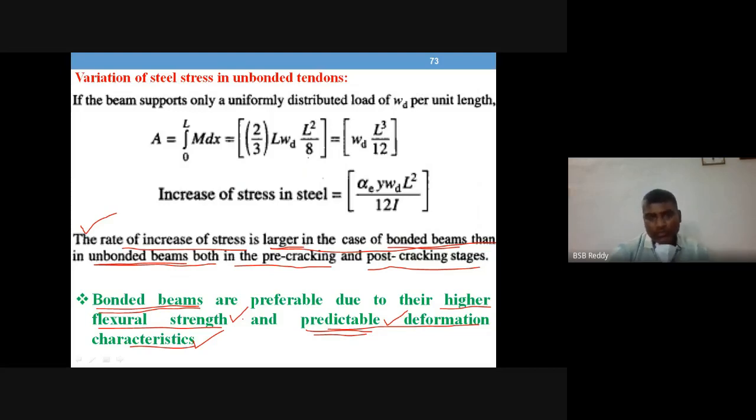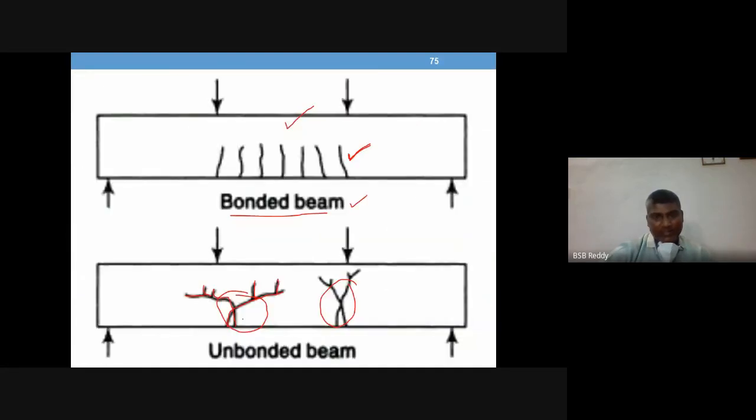So we go for post tensioning members. So always grouting is preferable, so that it makes the beam a bonded beam. Okay, so post tensioning grouted members are preferable. Okay, right.